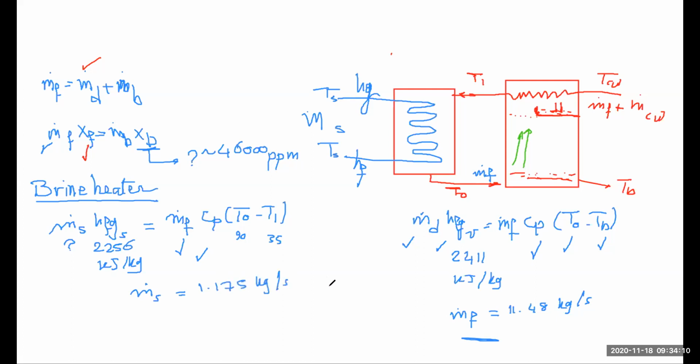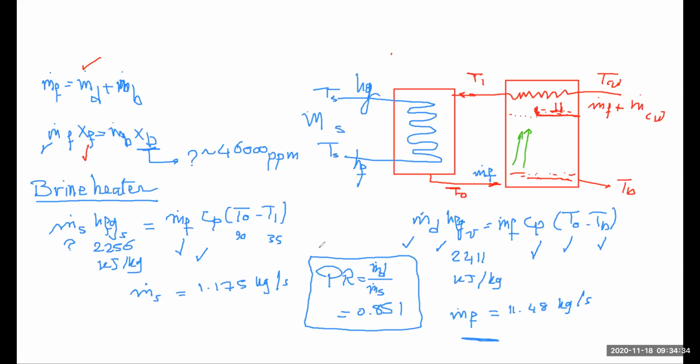Now I'm in a position to calculate the PR, m dot distillate over m dot steam, and the value is 0.851. Remember this. Do you remember what was the PR when we solved an example for the single effect evaporation?